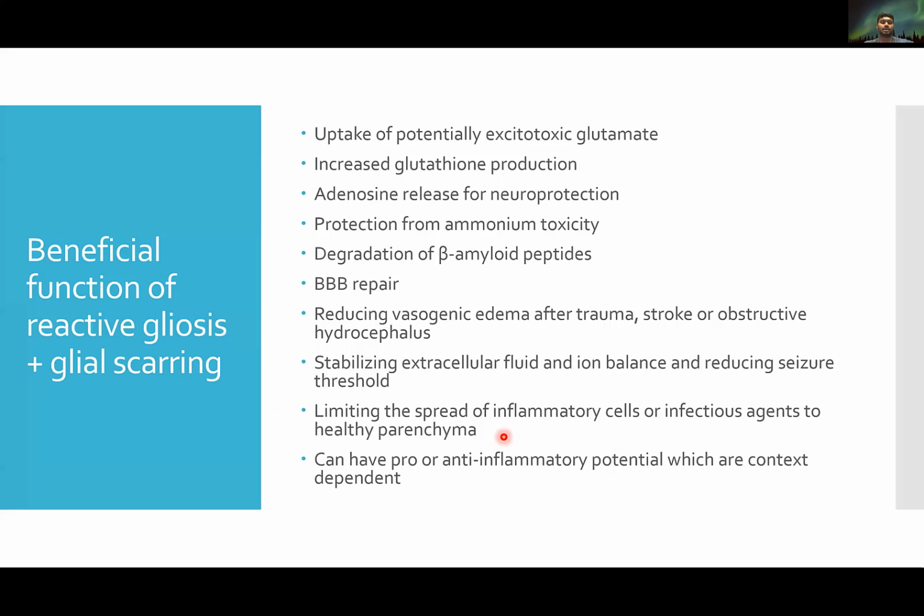So as we said, the function of reactive gliosis is dependent on both time and distance. So typically in the literature, at the immediate onset of a CNS trauma, it will have pro-inflammatory mediators to attract a bunch of microglial cells and inflammatory cells to help try and contain it.